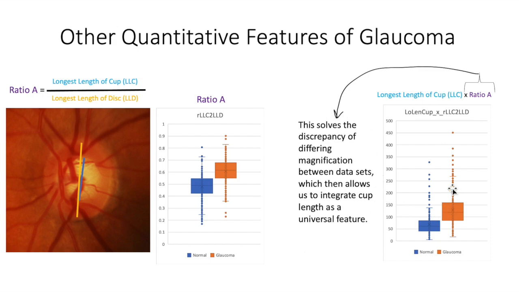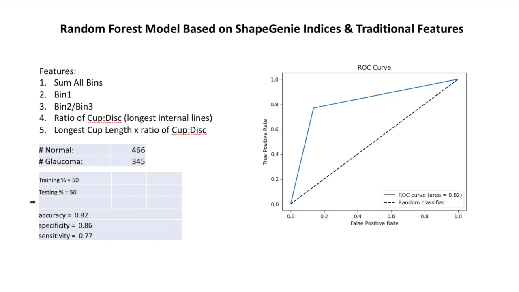And we did so, and we found nice separation. So adding these two features to the previous three we found in ShapeGenie, though we still trained with only 50% of the data, the accuracy of our model went up to 82%. So the preliminary data is quite promising in terms of how effective ShapeGenie can be in producing data that leads to good machine learning predictions.